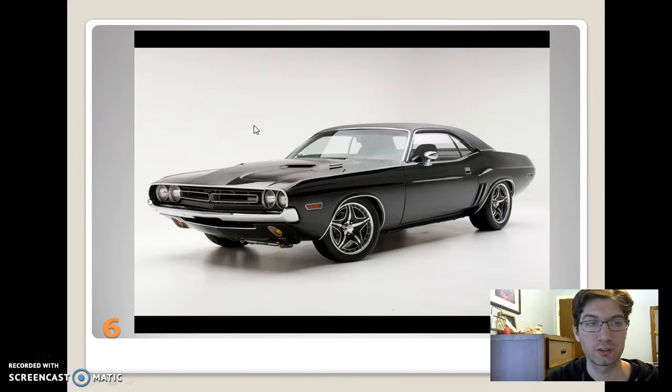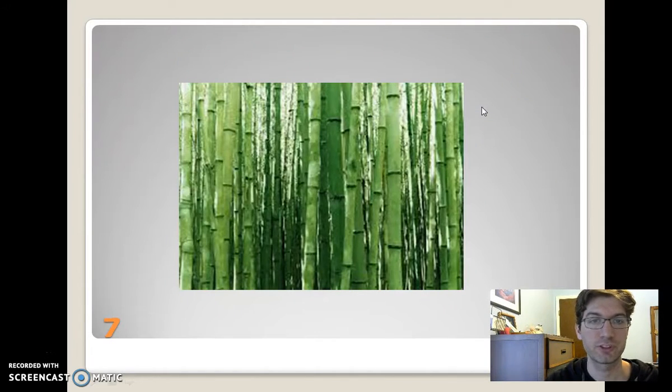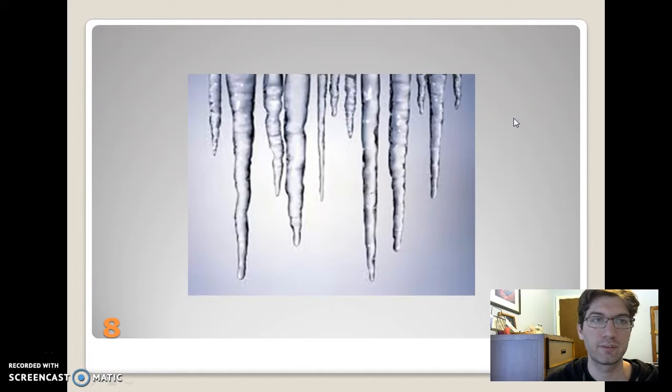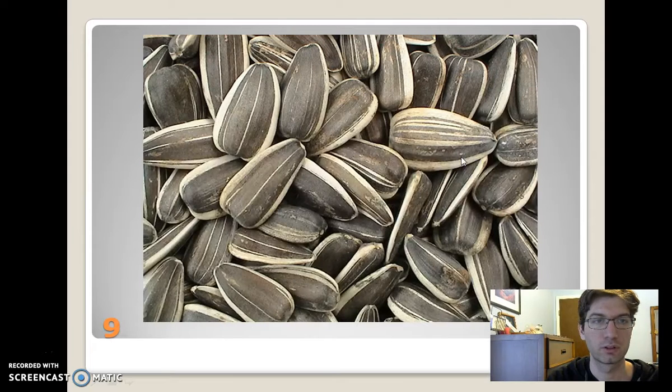Picture 6 is referring to that, as you can see. Picture 7 are these stalks of greenish stuff. Picture 8 is referring to these structures here. I'm sure you've seen those before.